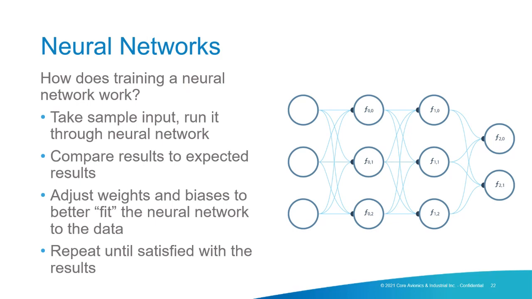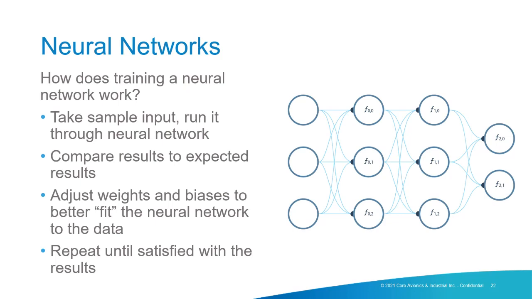And since this is a sample input, we should have the expected results of that input. What do we want the neural network to do for this input? And we'll compare it against what the neural network actually did for that input. We'll come up with a score for how well it did, and then adjust the weights and biases of the neural network to more closely approach or fit the expected results.